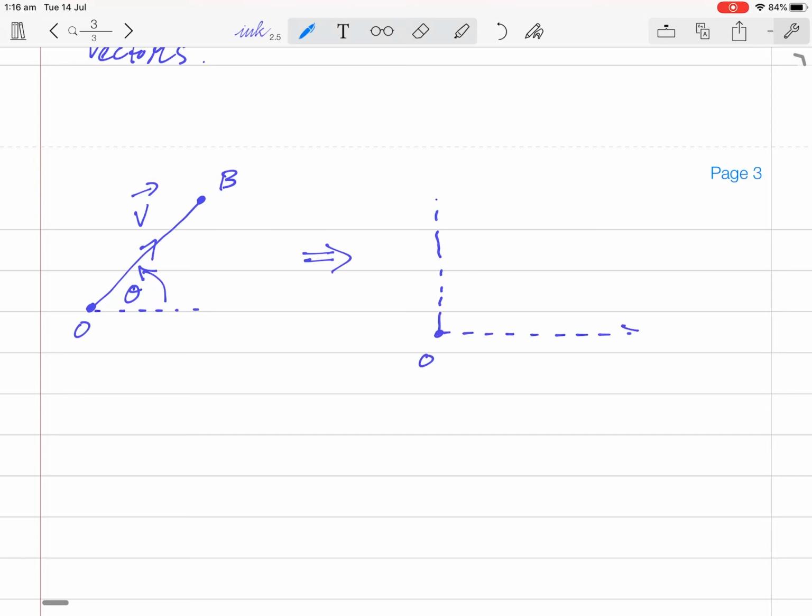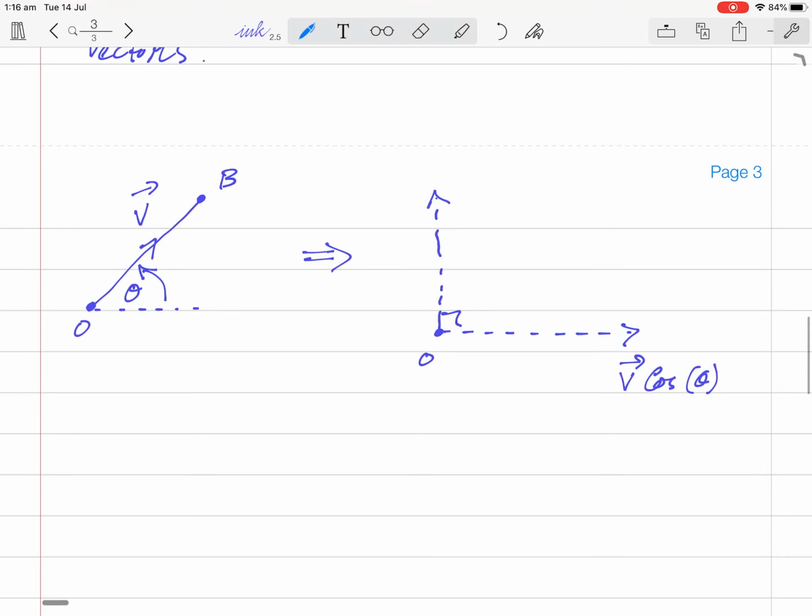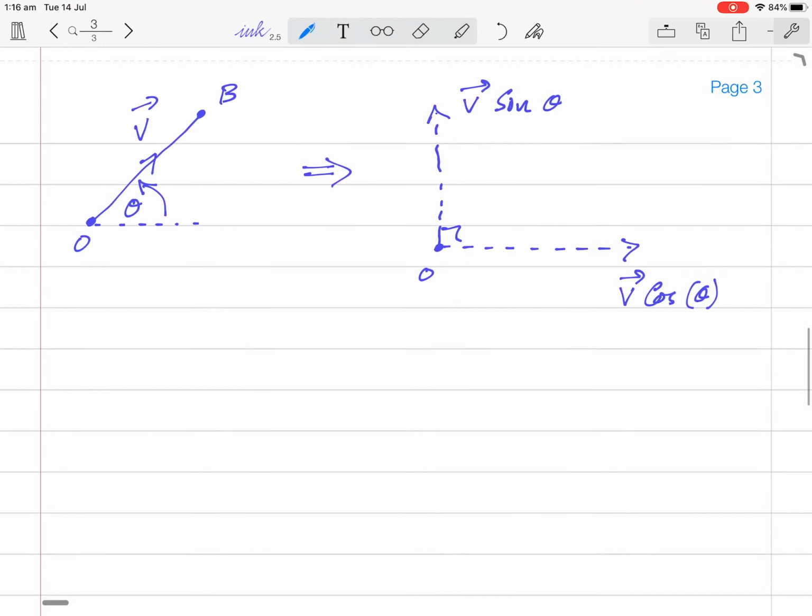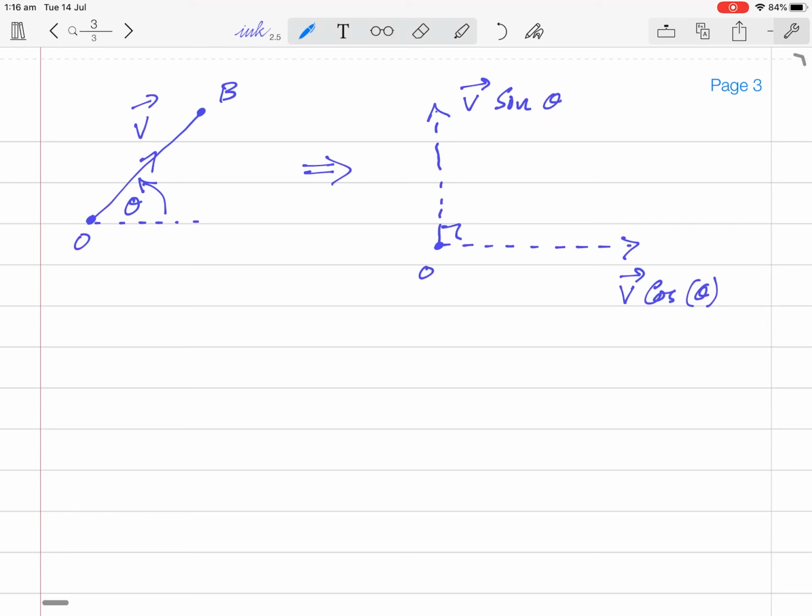This we can represent by two perpendicular vectors like this. This is the origin, two perpendicular vectors, this is 90, and the horizontal vector is V cosine theta. So remember, towards the angle it would be cosine. So the other one would be V sine theta. Now, what would be the proof?